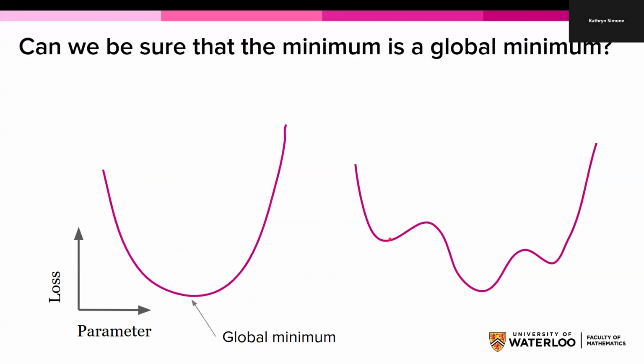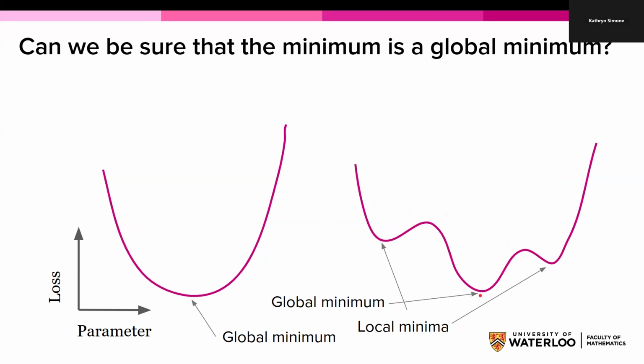Things are a bit more complicated for the function on the right. We can also identify a global minimum, but there are two other little dips that we can call local minima. The problem is that each of these 3 points would have a gradient of 0, but they wouldn't necessarily give us the optimal solution.